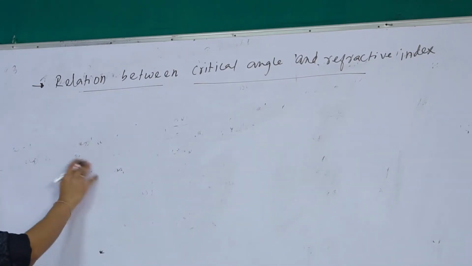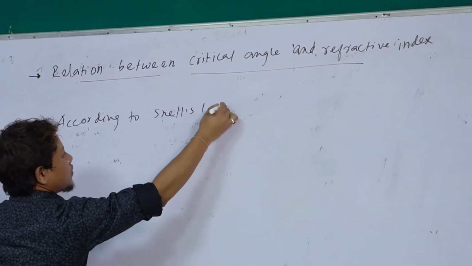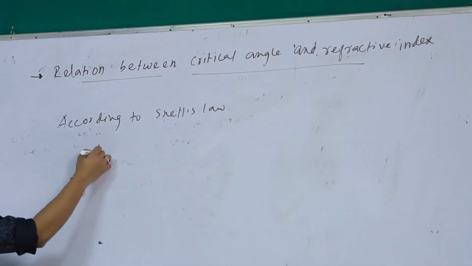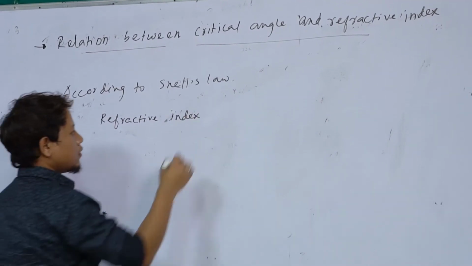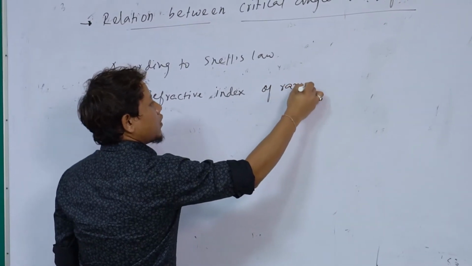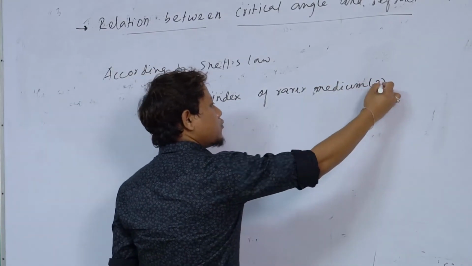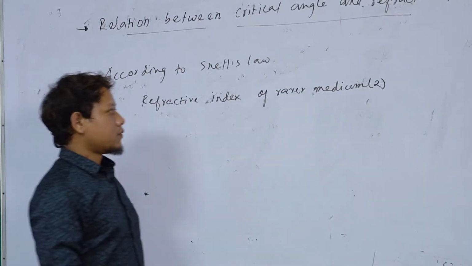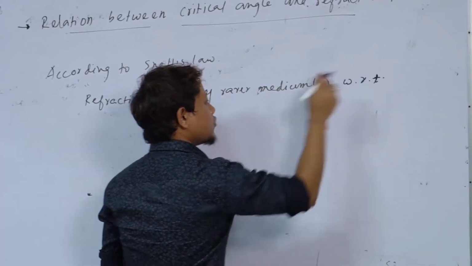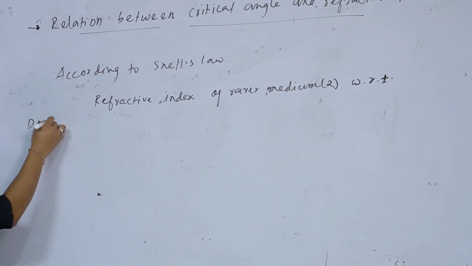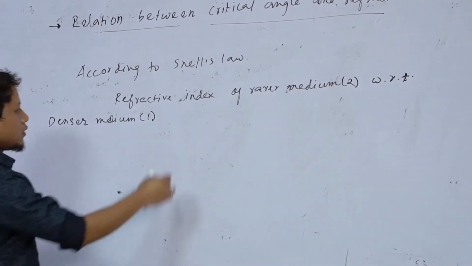According to Snell's law, the refractive index of rarer medium, which is medium 2 in case of total internal reflection, with respect to denser medium, which is medium 1, is given by.